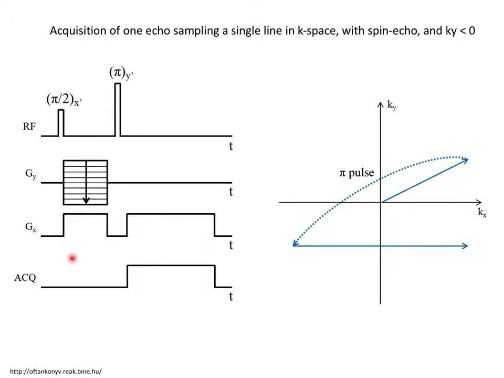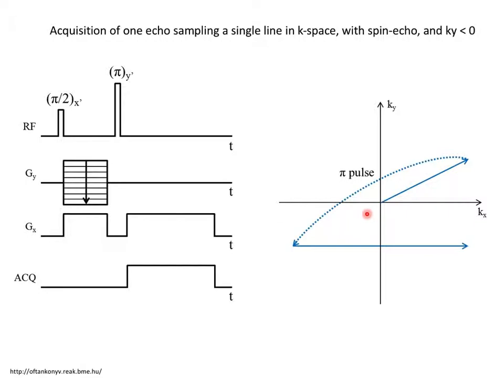So here's a two-dimensional imaging pulse sequence in which we're going to have a readout gradient. And so during the acquisition, we'll be streaking across K space in the Kx direction because it's an X gradient. But prior to doing that, we will position ourselves at a specific Ky location by pulsing this Y gradient.